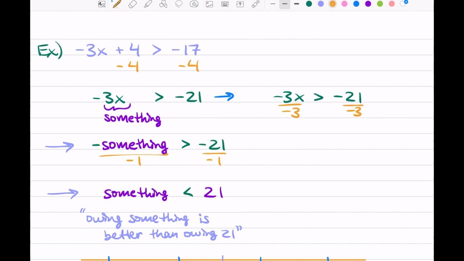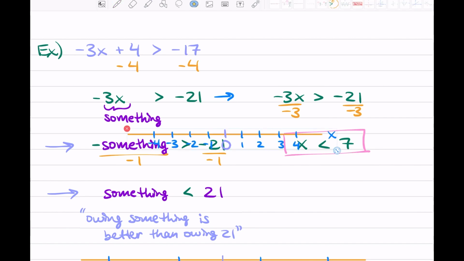And because we're dividing by a negative number, we are going to flip the inequality sign because now we're comparing two positive numbers. And so the inequality flips, the comparison flips. So negative 21 divided by negative 3 is 7. That is our answer.